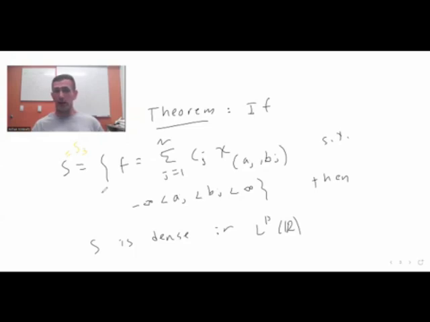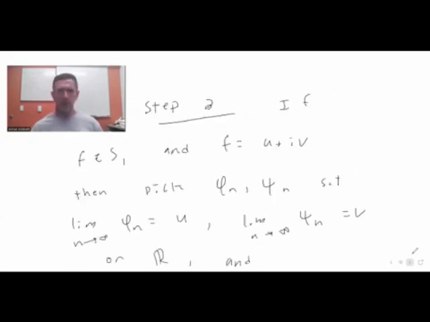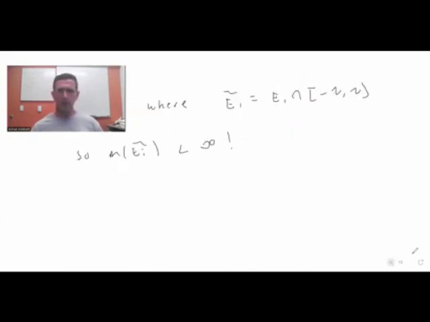And if I do that, by the lemma I am done, because S1 is dense in L^p, S2 is dense in L1. I need to prove S3 is dense in S2. If I can do that, S3 is dense in L^p. So we pick something in S2, and I need to approximate it by something in S3.